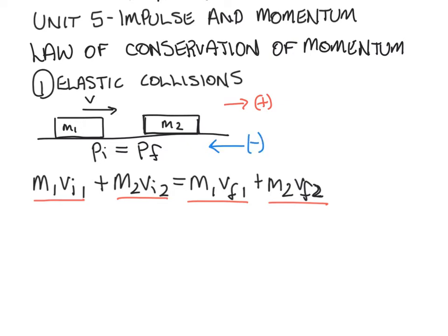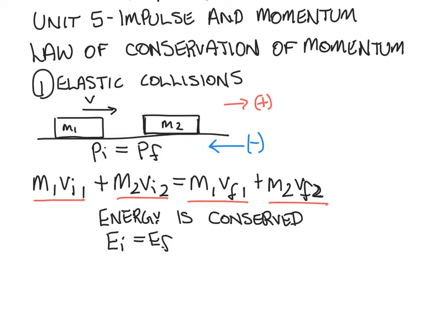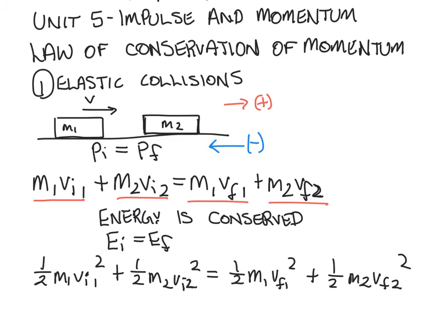In addition to conservation of momentum for elastic collisions, we would also say that energy is conserved in elastic collisions, which means initial energy is equal to final energy, which in this case means this equation. That equation's long too, but it is still kind of simple.